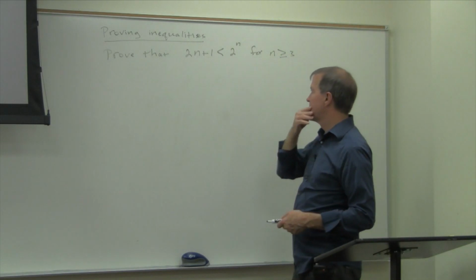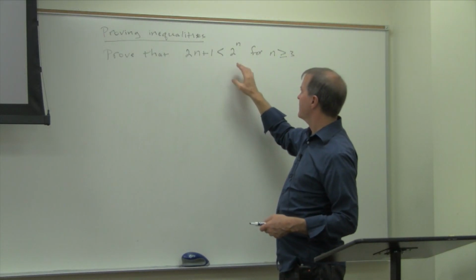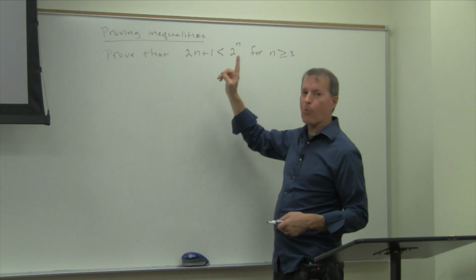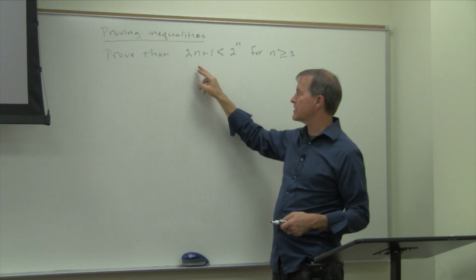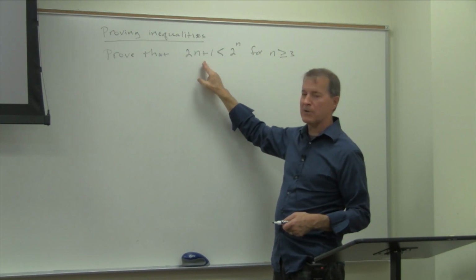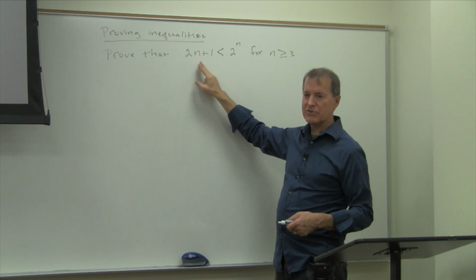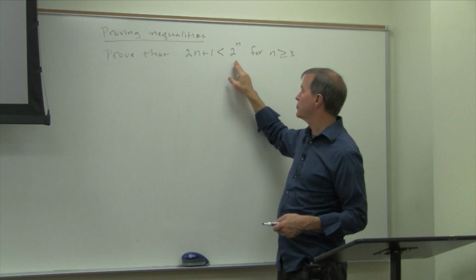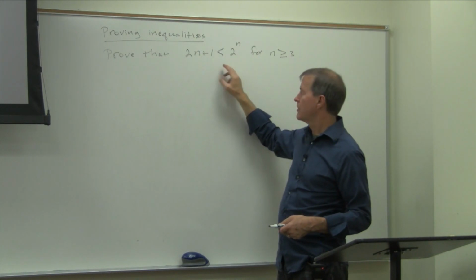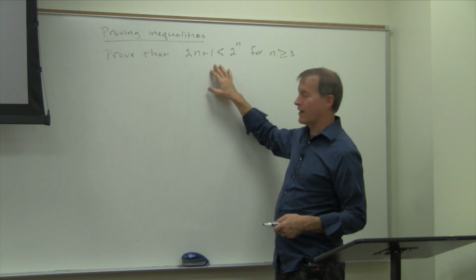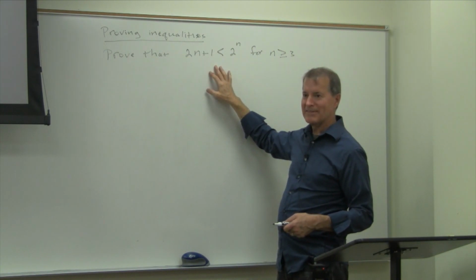Do you believe this? By the way, let's just try it for n equals 1. What's 2 times 1 plus 1? 3. And what's 2 to the 1? 2. So it doesn't work for n equals 1.